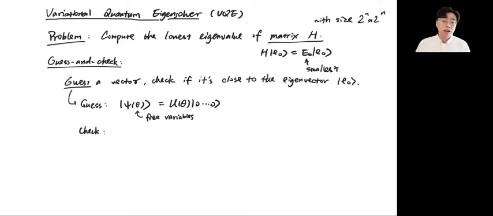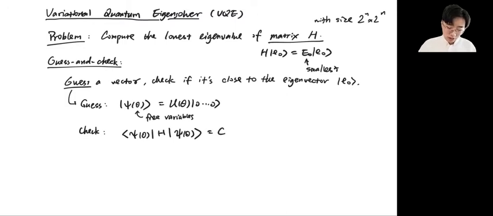Now let's see if a quantum computer can give us information about whether that vector we just guessed is close to the eigenvector E0. It turns out that you can think of the matrix H as an observable, a measurement rule, remember from our first module of the course. Then measuring the observable H on the quantum state psi can be written in this form, and let's say the measurement result is denoted as C sub H of theta.